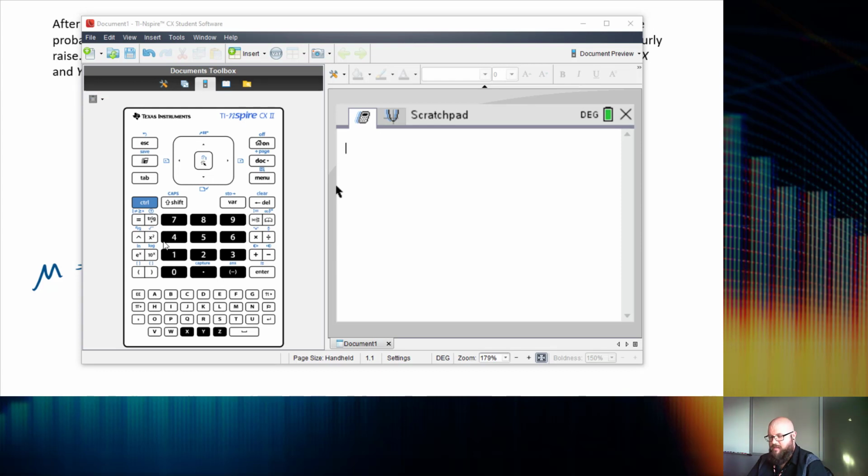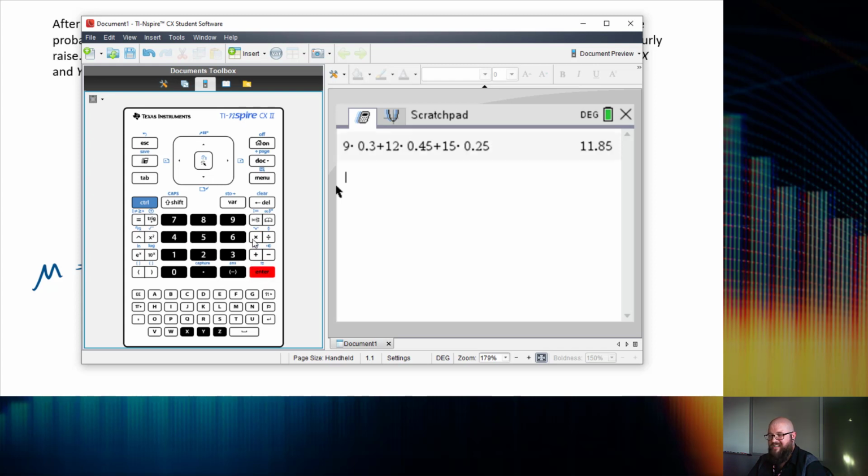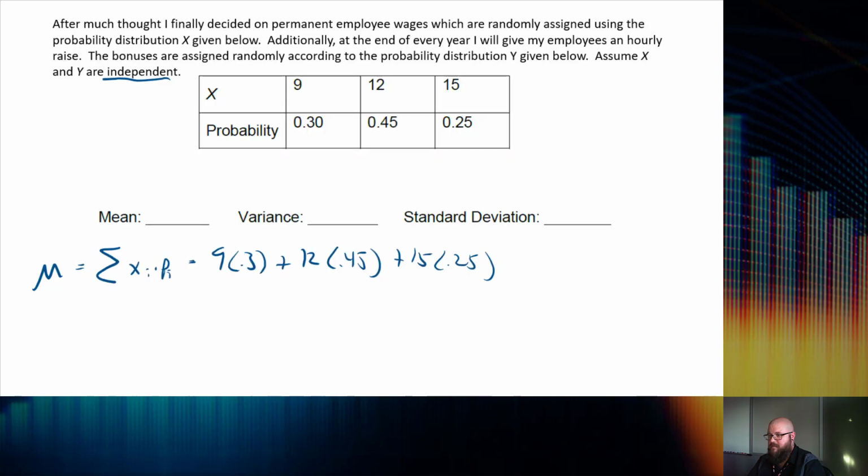So we take 9 times 0.3 plus 12 times 0.45 plus 15 times 0.25. We should get 11.85.